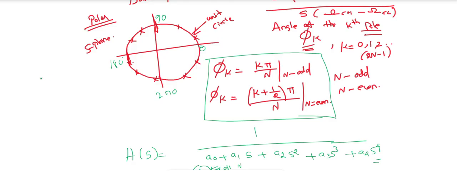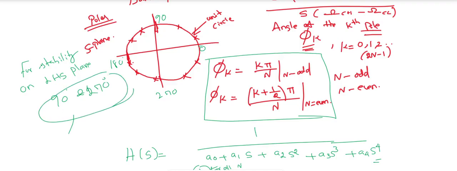For stability, we have to consider only the left hand side of the S-plane, so between 90 and 270 degree only we have to consider for stability. So these are the fundamental concepts of the Butterworth filter.